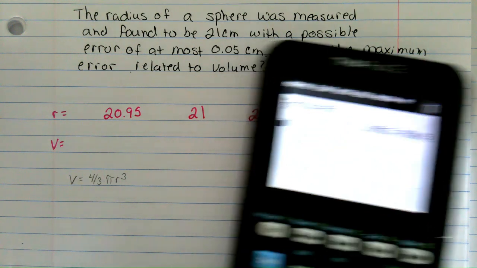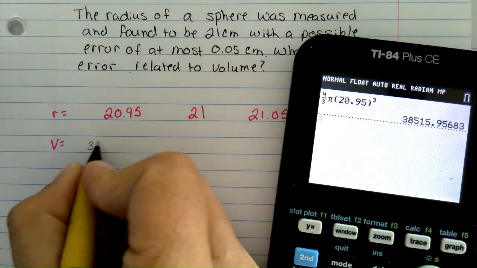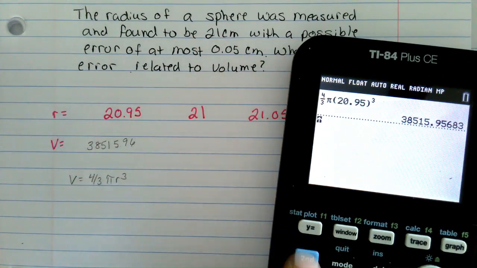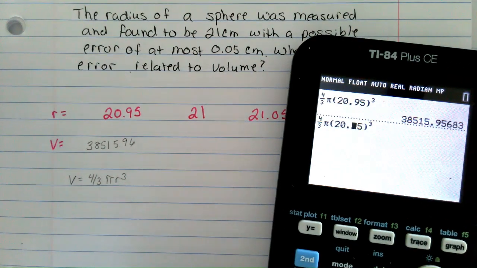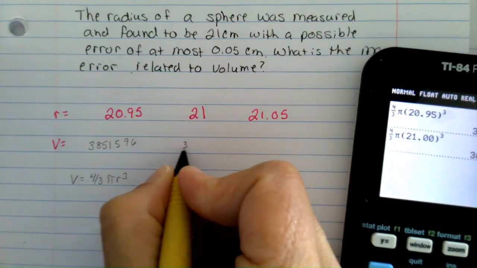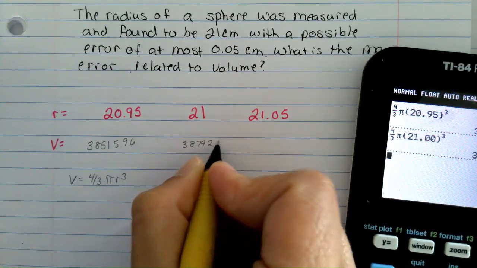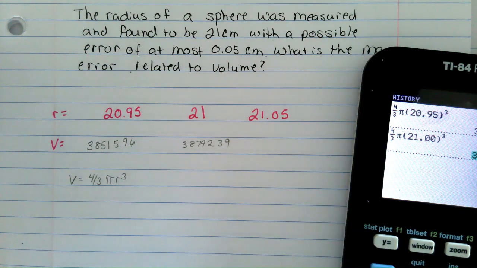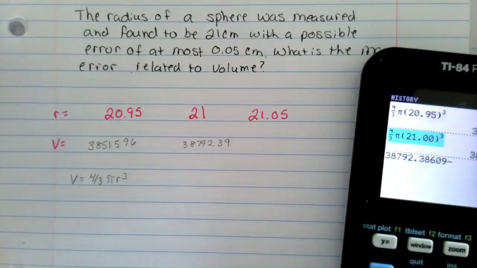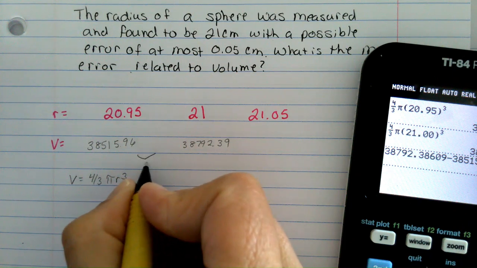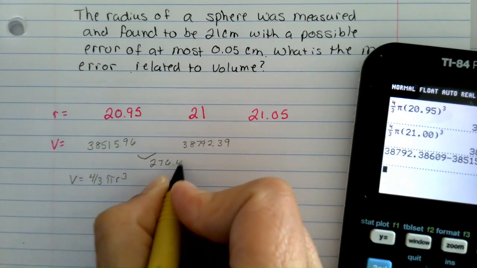We'll start with the small one. 38,515.96. 21.00. I don't have to read. 38,792.39. So that was off by 276.4.